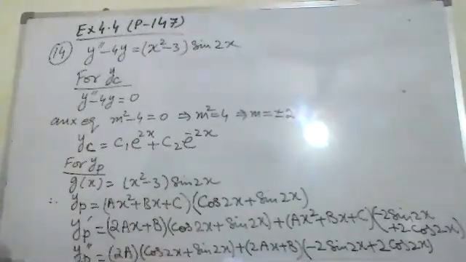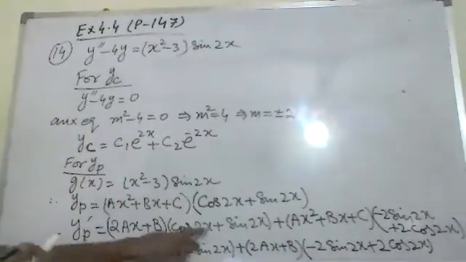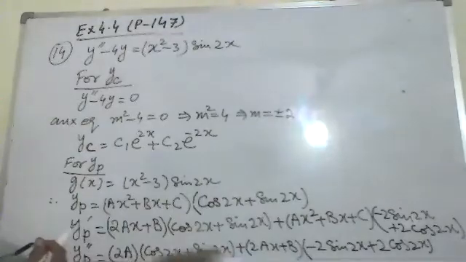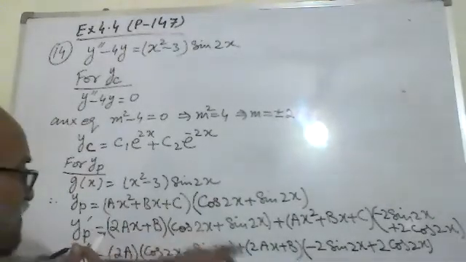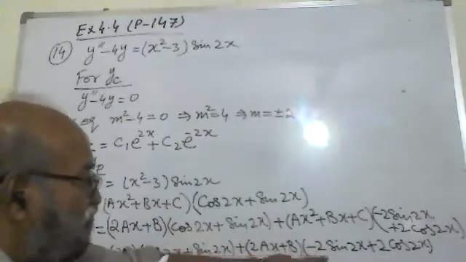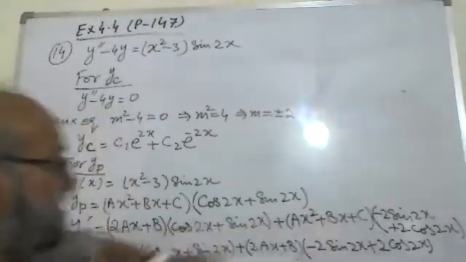This is the derivative of this one into this function plus that function as it is into the derivative of the second function. Now we will take the derivative of the other one.